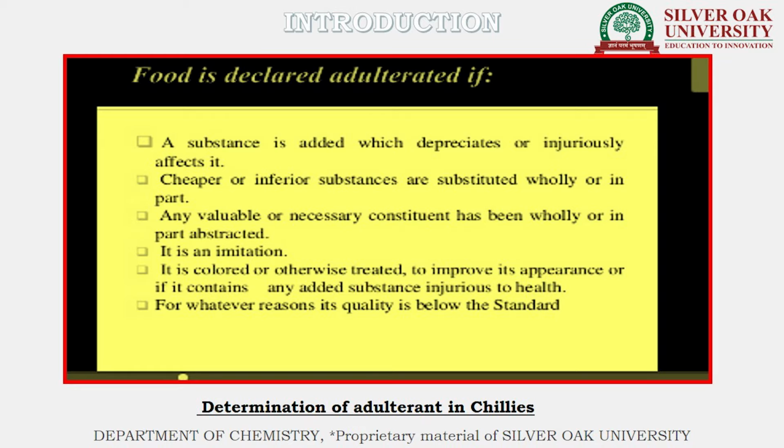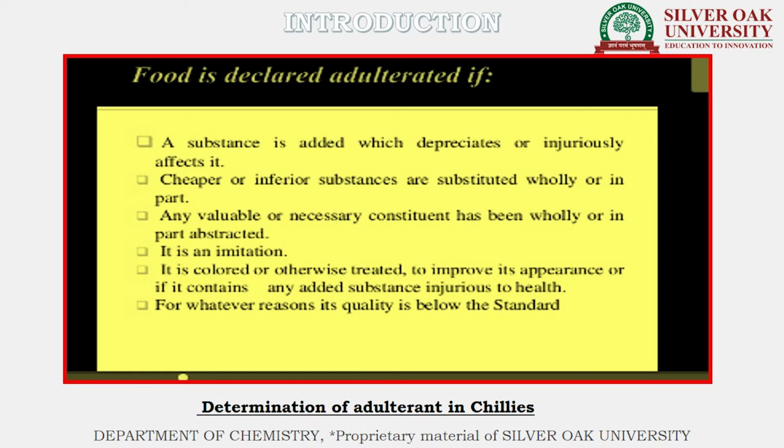Third point, when any valuable or necessary substance is removed, the food is considered adulterated. Next point, if you imitate a food or add some color to increase the appearance of food, which is injurious to health, the food is declared as adulterated.